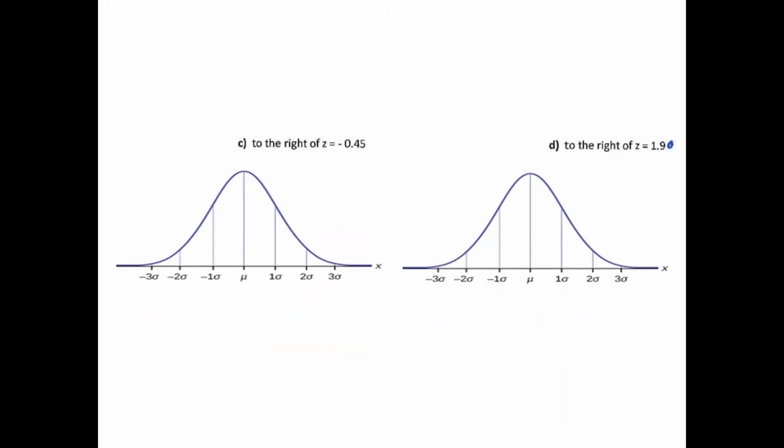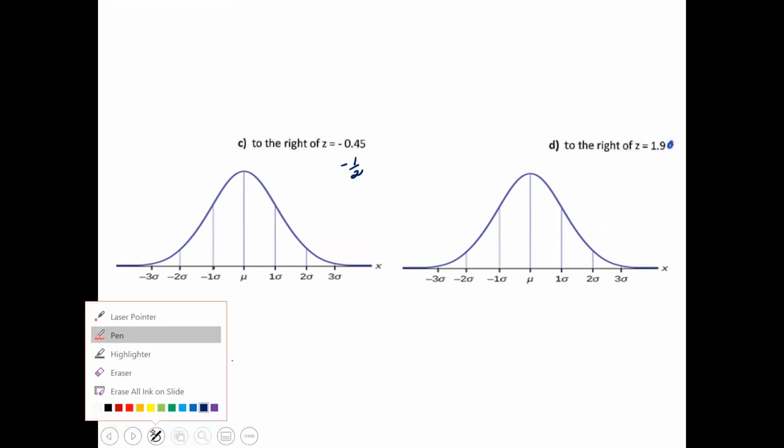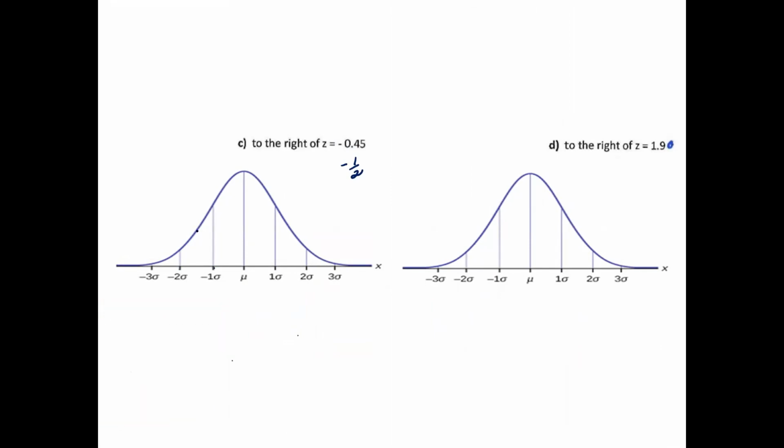For C, it says Z is -0.45, okay? That is almost a -1/2. If -1 is here, -2 is right there, then -1/2 is going to be right in between somewhere there. So Z equals -0.45.